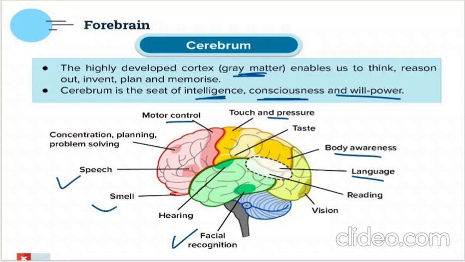Everything is done by the brain only, isn't it? If anything is asked of us, we can think about it with the help of the cortex. Memorizing, planning something, reasoning, that is done by the cortex.